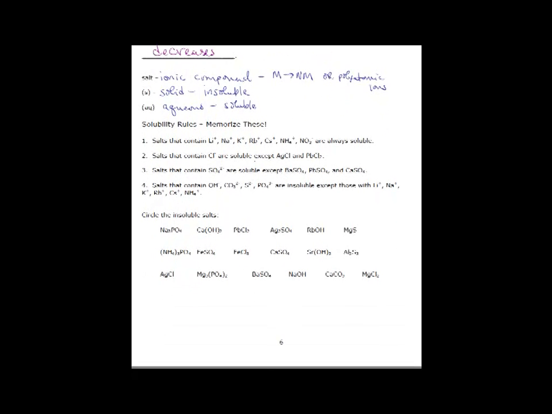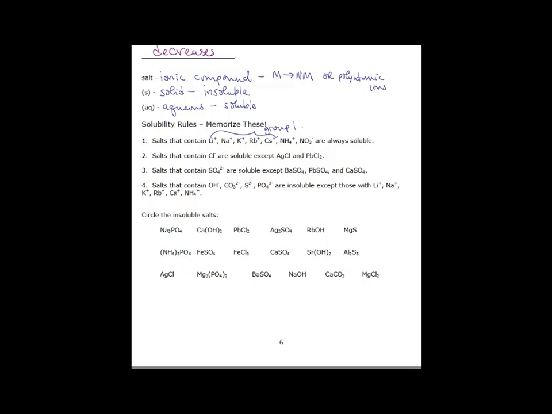So, the first rule is salts that contain lithium, sodium, potassium, rubidium, cesium, ammonium, and nitrate are always soluble. So you might think, oh my gosh, these are ridiculous, I can't memorize these rules. Well, if you look on your periodic table, lithium, sodium, potassium, rubidium, and cesium are all group 1 elements. So you can say all group 1 elements, ammonium and nitrate, are always soluble.